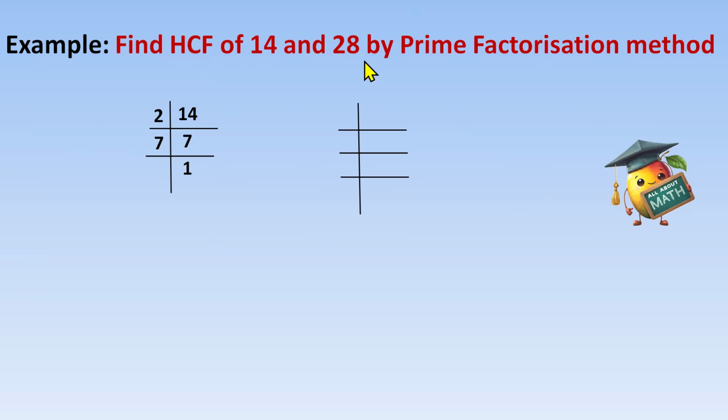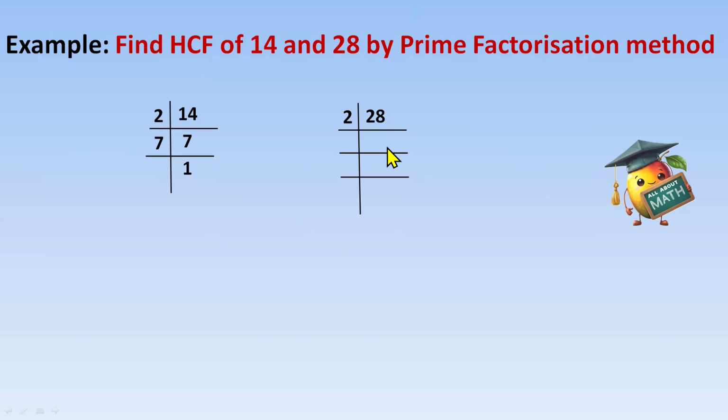Now we are going to find the prime factorization of 28. We'll write 28 first. Now we'll again check if 28 comes in 2 table. Yes, it comes. It's an even number. So we'll write 2 here. 28 comes in 2 table, so we start by writing 2.